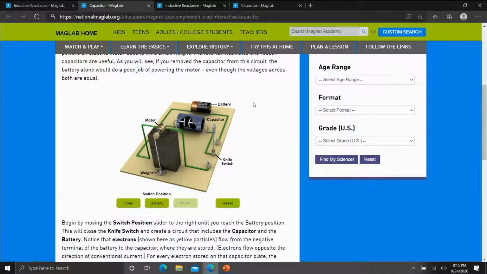So first of all, what we're going to do is we're connecting the battery, and we see current flow from the battery into the right-hand plate of the capacitor.